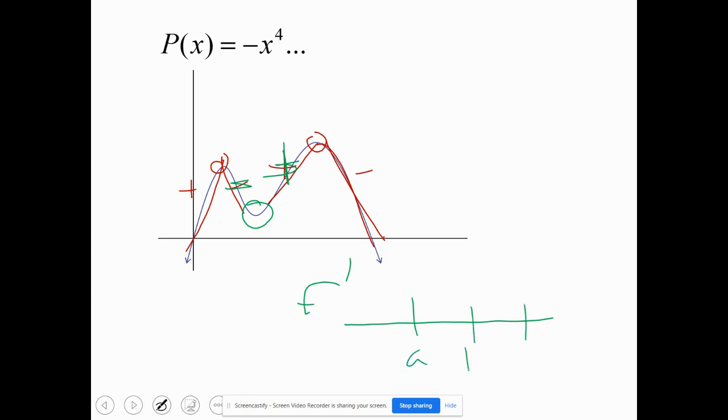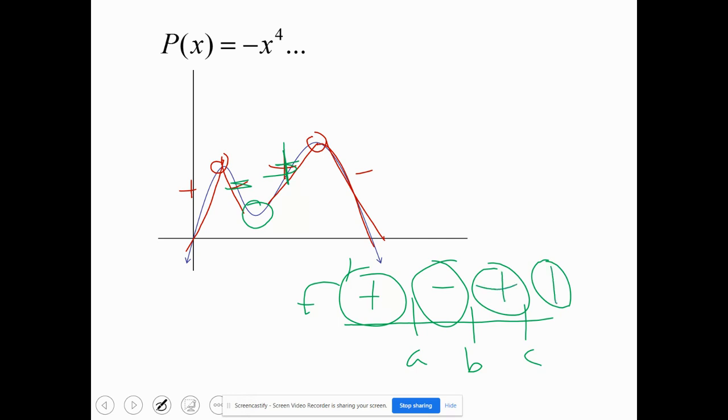Whatever the first x is, whatever the second x, whatever the third x is. And then we'll look at these intervals to see what's going on with the slopes. Are you going from plus to minus, which means you have a maximum? Are you going from minus to plus, which means you have a minimum value? Or are you going from a plus to a plus, which means you don't have a max or a min? It means that you really just had a delay or a stutter in the graph.